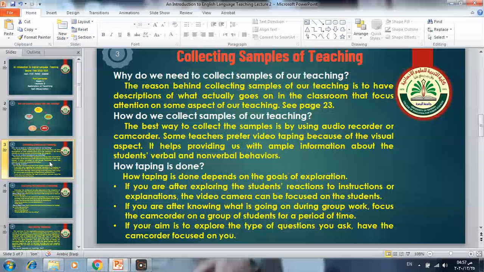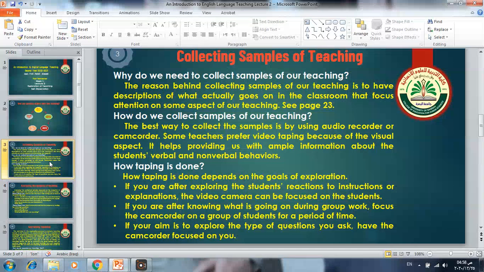Is the goal, for example, about the teacher, the way he deals, for example, with correcting errors, or the way he distributes questions among the students, or the goal is the student himself? So it depends on the goals. Now let's see how we do it.